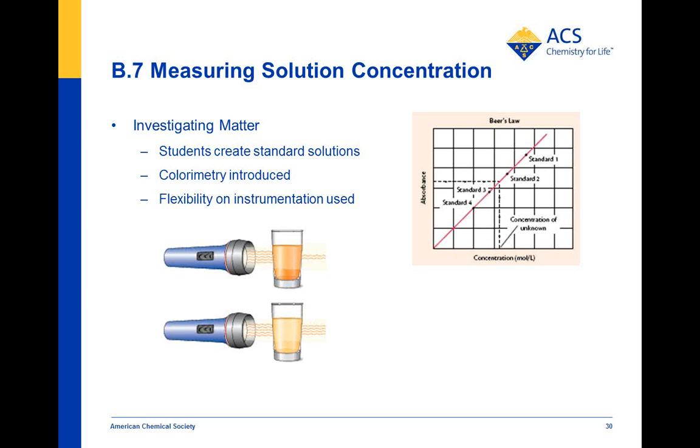The instructions for colorimetry are really general, so it can work whether you have an old Spec 20, which still works great, or a newer piece of equipment, a colorimeter, a little spectrophotometer. Whatever you use that can measure the right wavelengths, it'll work.